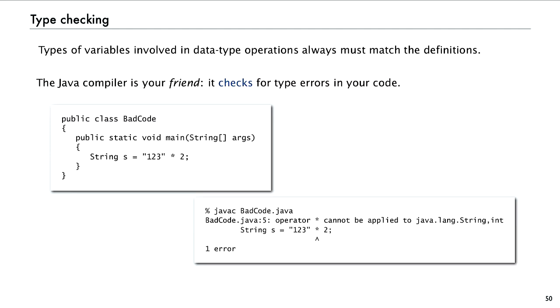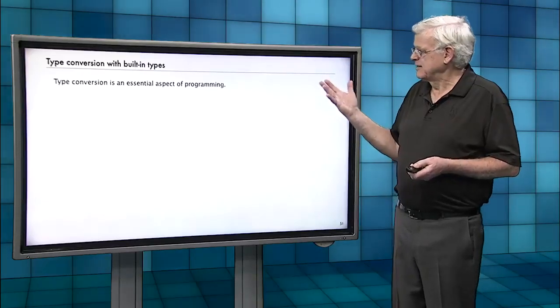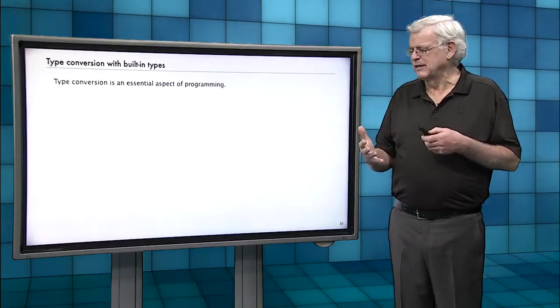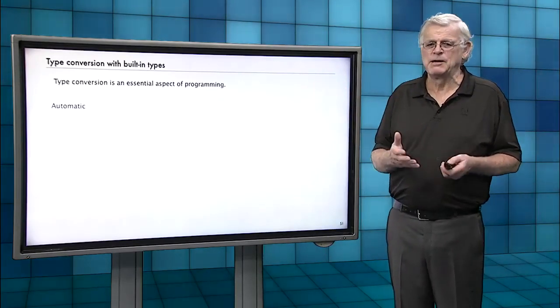And that's a good thing that the Java compiler will tell us about that error, because sometimes there might be conversions that happen automatically that we might not expect. But a lot of times, as we've already seen, we want to convert from one type to another to make types match in an operation where it makes sense. So with the built-in types, converting is an essential aspect of programming. We have to worry about it.